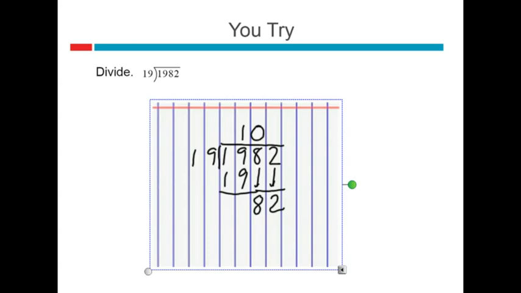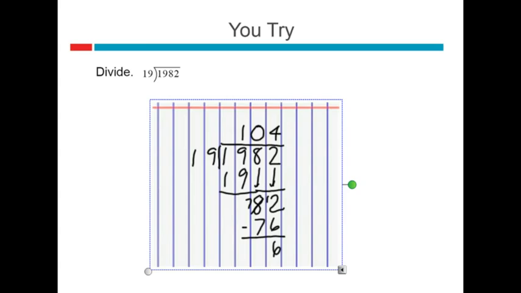Now, 19 goes into 82 4 times. And 4 times 19 is 76. And so I get a remainder. What I have to do is rename the 2 in the ones to make that a 12, and I'll have 7 tens. 12 minus 6 is 6. 7 minus 7 is 0.